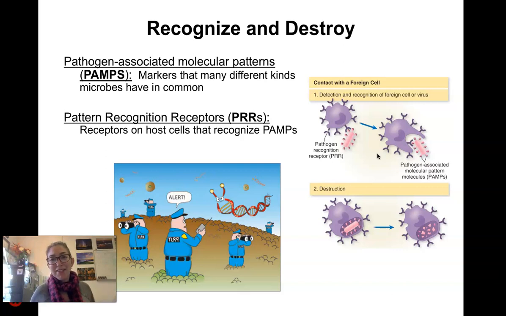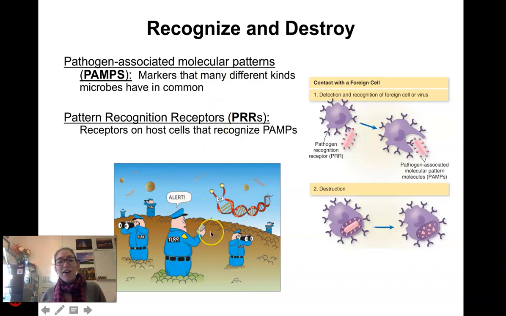Lipopolysaccharide does not exist in humans. It is endotoxin, found only in gram-negative bacteria when they die, and so that is an automatic stimulator of our innate immune system. Innate immune cells have these receptors called PRRs, pattern recognition receptors, and they recognize these PAMPs, these different general patterns that are common in a lot of different pathogens.